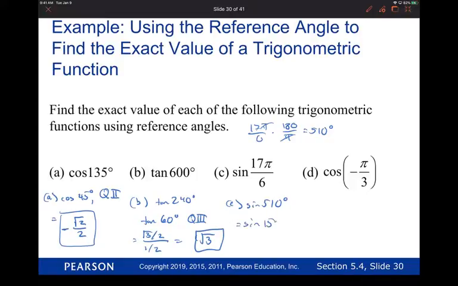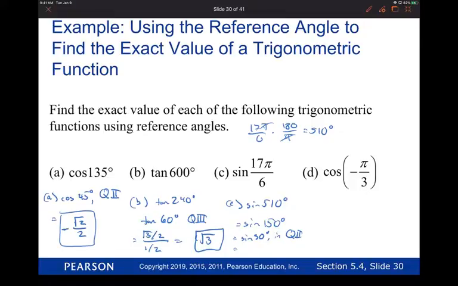Now that we have that 150, what quadrant are we in? 1, 2, 3, or 4? We're in quadrant 2. How far away from the x-axis are we? 30. So this is really sine of 30 degrees in quadrant 2. So what's sine of 30 again? One half. Sine is x, y, 1, 2, 3, 1, so that's a half, right?